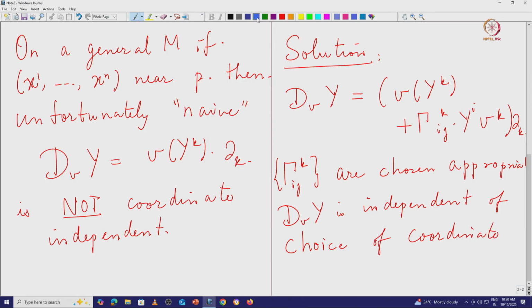One thing to notice is that this correction term is zeroth order in Y, that means that it does not involve any derivatives of Y. So the only derivative of Y is the term that comes from the naive attempt at defining directional derivatives.